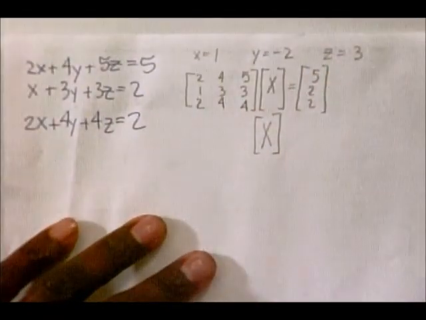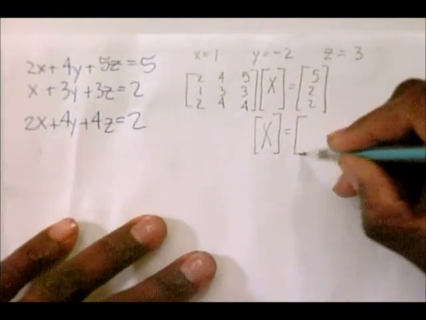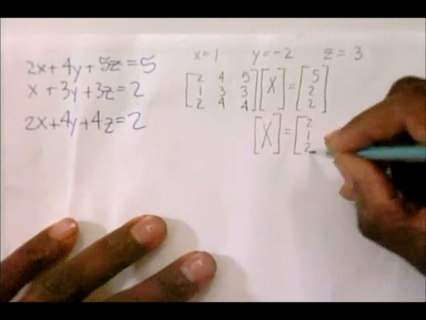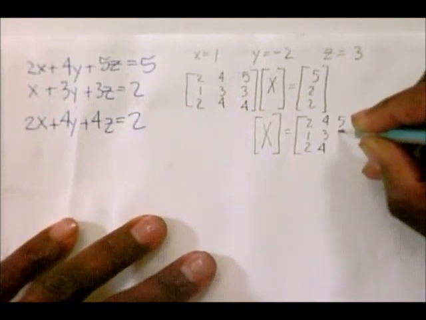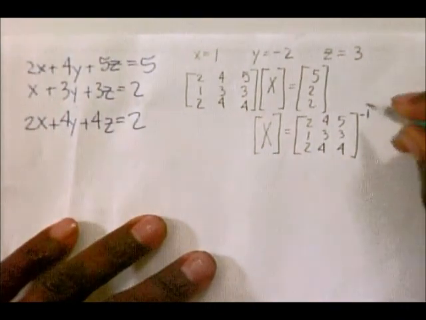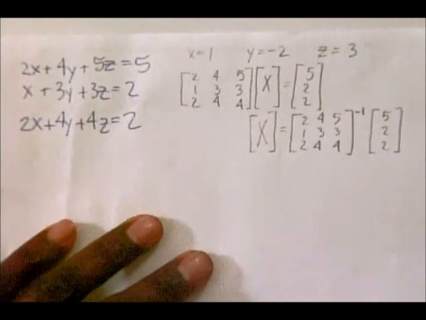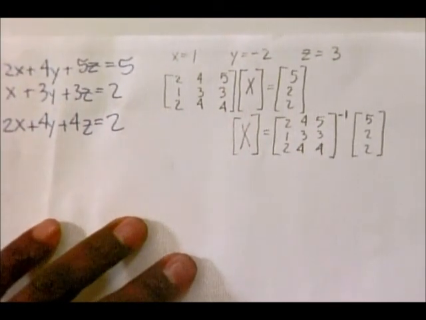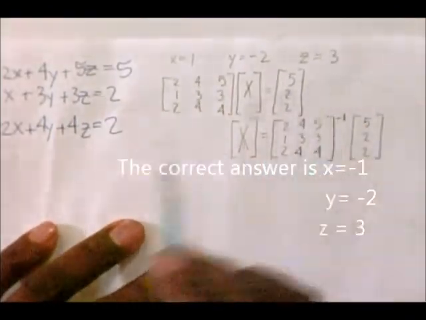Multiplying by the inverse of this would eliminate it, and you'd end up with x is equal to the inverse of this 3 by 3 matrix, 4, 3, 4, 5, 3, 4, multiplied by this 3 by 1 matrix of 5, 2, 2. The result of this will end up being your answer, which, as I've said a number of times, we already found to be 1, negative 2, 3.